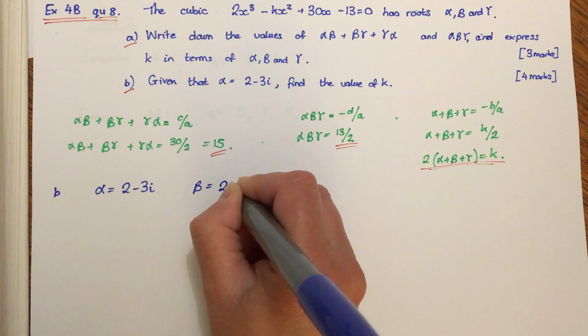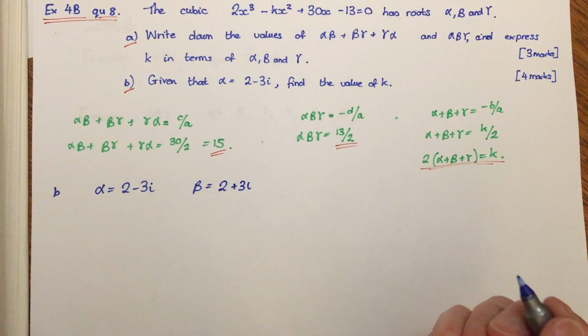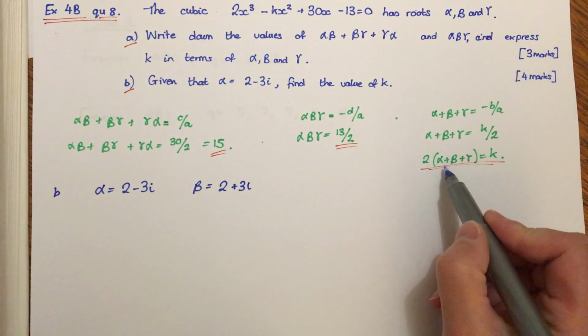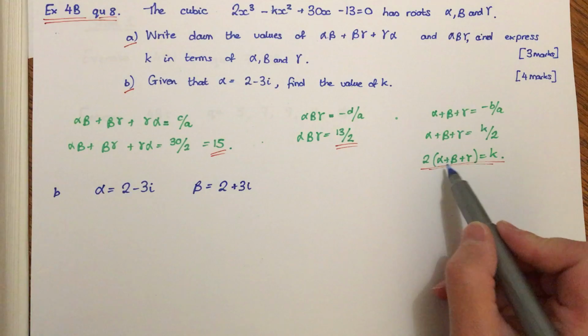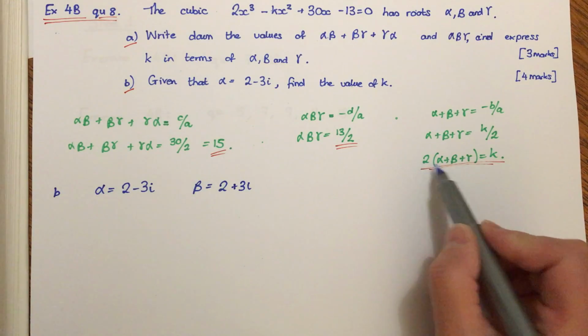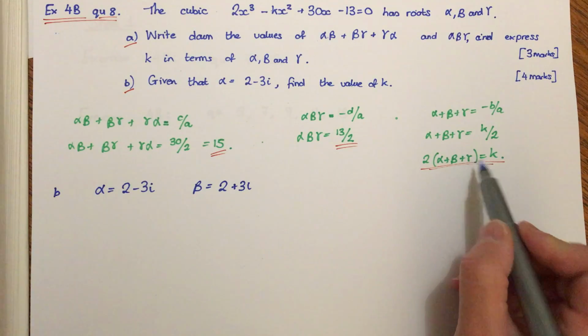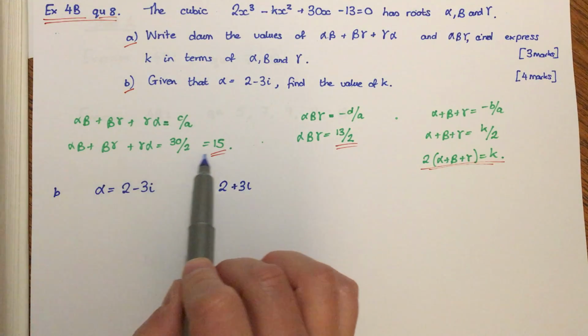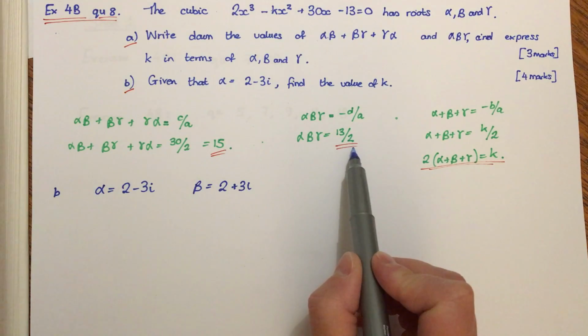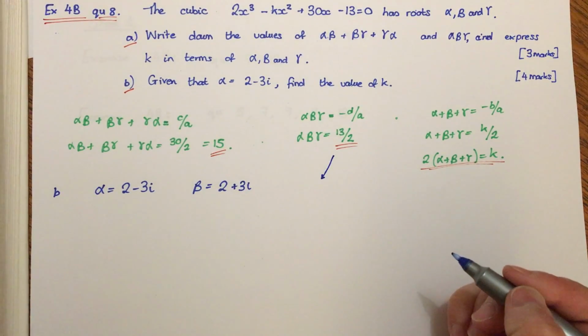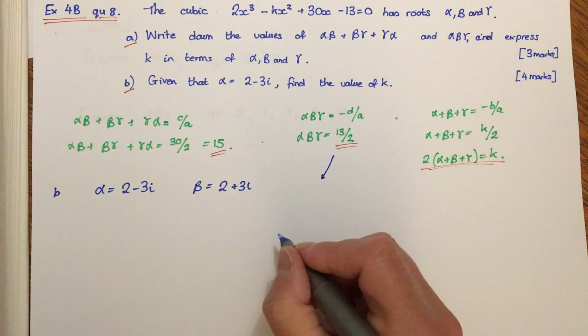So 2 plus 3i. And now we need to find the value of k. So k is alpha plus beta plus gamma times 2. I know alpha, I know beta, so now I need to find gamma. I could find it from this equation, or I could find it from this equation. I'm going to use this one because it's got the least things going on in it.